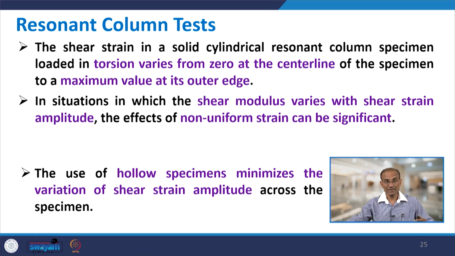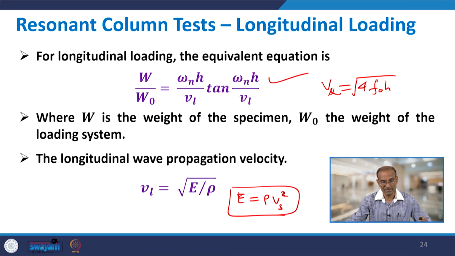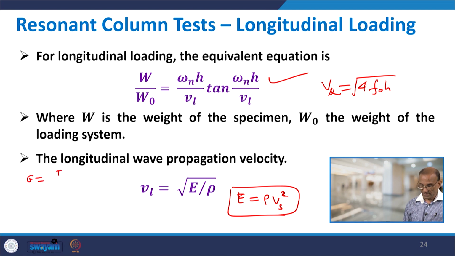And once you can find the shear modulus and Young's modulus independently, then you know there is a relation between them, that is G equal to E divided by 2 into 1 plus nu. As a result you can find the Poisson's ratio of the soil.